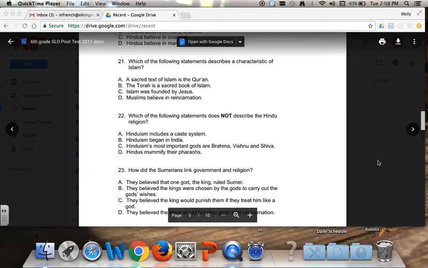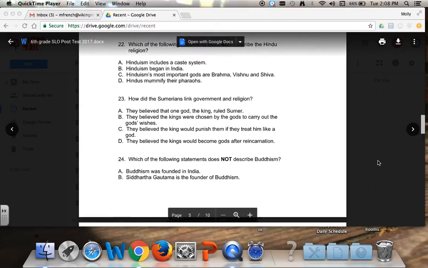Number 23. How do the Sumerians link government and religion? A. They believe that one god, the king, ruled Sumer. B. They believe the kings were chosen by the gods to carry out the gods' wishes. C. They believe the king would punish them if they treat him like a god. Or D. They believe the kings would become gods after reincarnation.